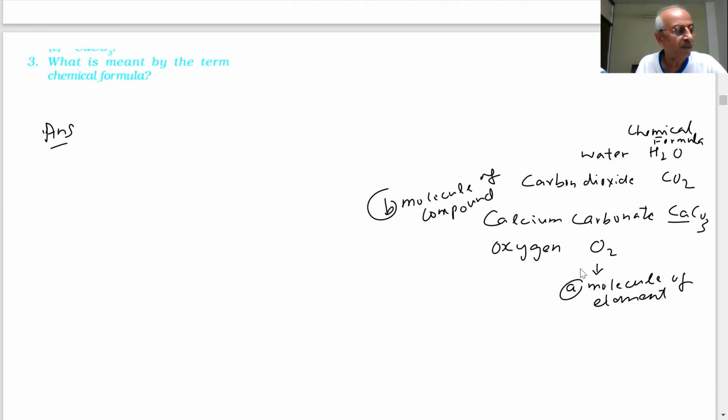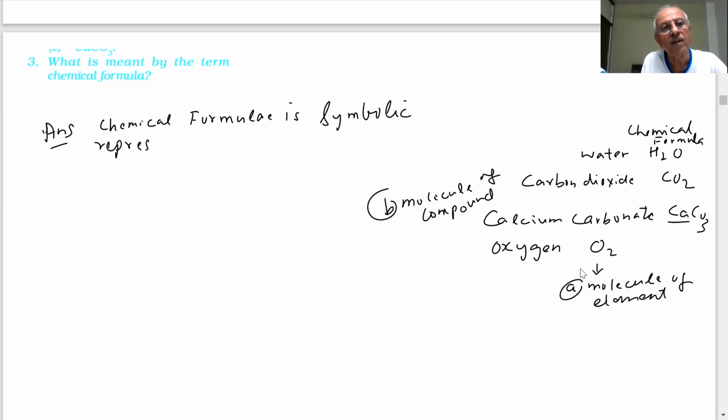So you can say that a chemical formula is a symbolic representation of a molecule of an element or a molecule of a compound.